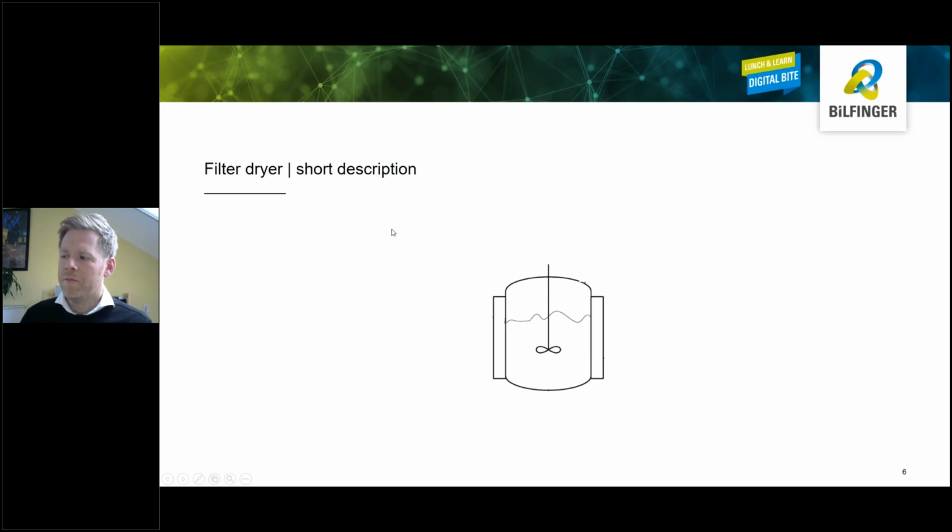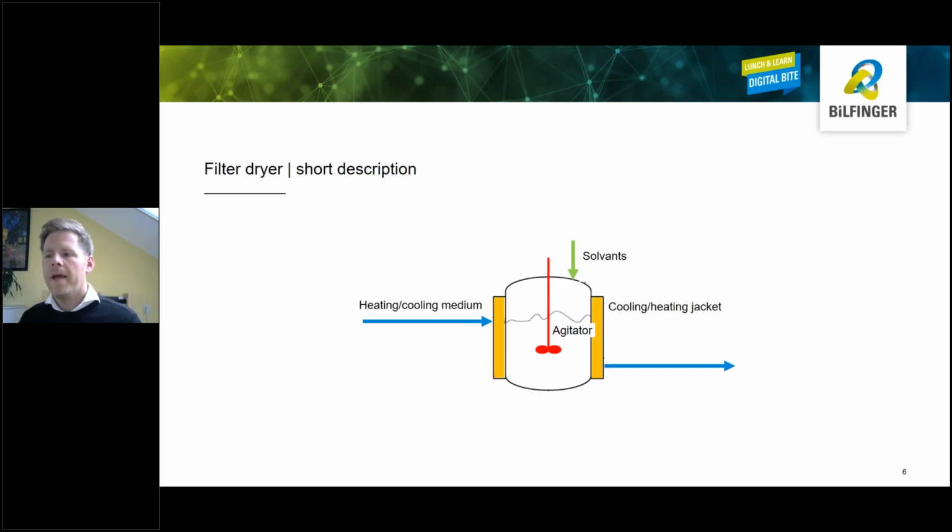Let's now look at the process shortly. So first of all, when a batch starts, the filter is filled with solvents. The solvents are mixed with an agitator, and the insides of the filter are kept at the right temperature by means of a heating jacket.